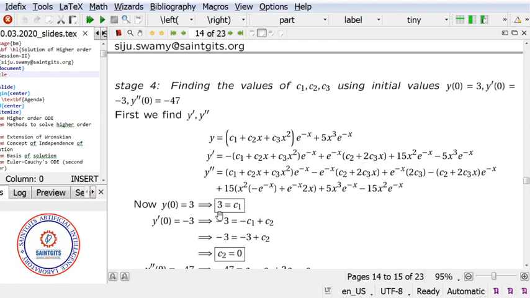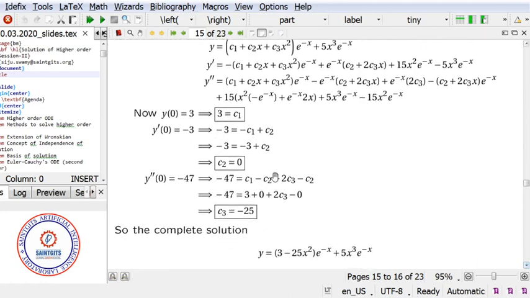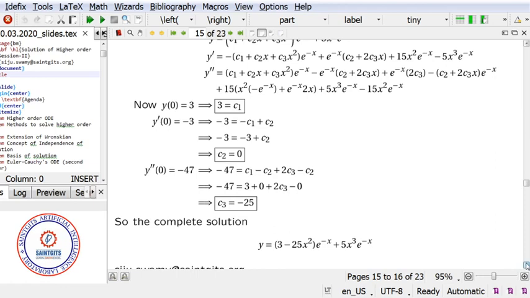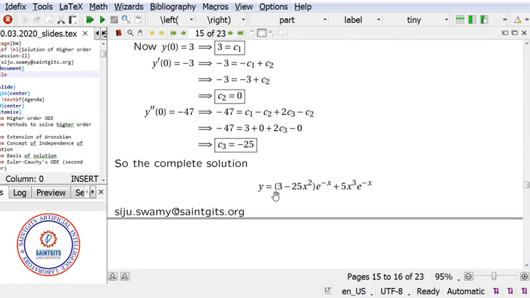We apply the similar idea in y dash and y double dash with the values 0 for x and minus 3 for y dash, 0 for x and minus 47 for y double dash. So we find c1 equal to 3, c2 equal to 0 and c3 is equal to minus 25. I simply substitute these c1, c2 and c3 in the original solution.